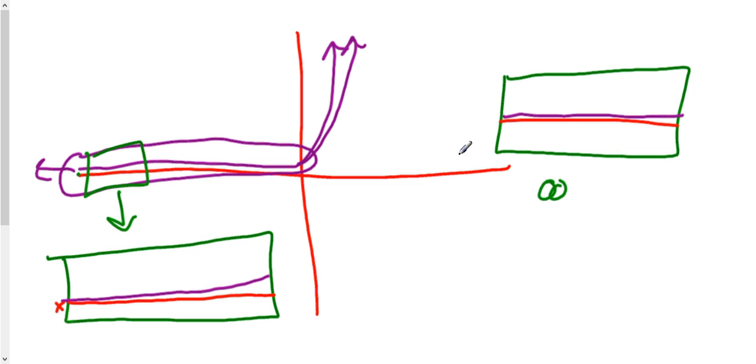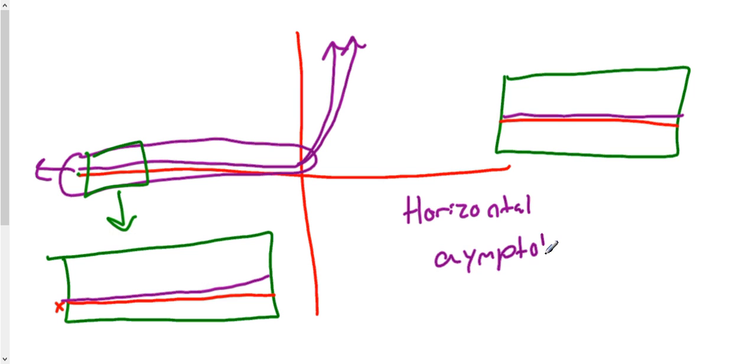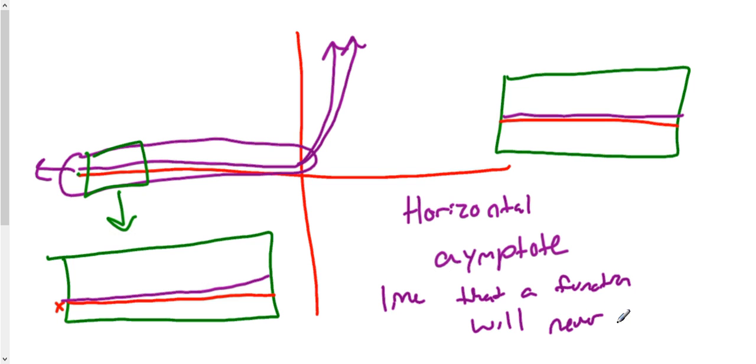That's called a horizontal asymptote. Horizontal asymptote. It is a line that a function will never cross.